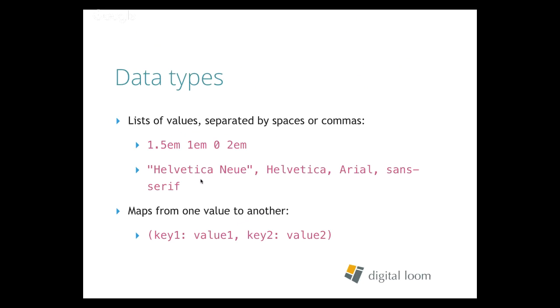You will recognize these as possible values for properties. Like the first one could be a value for the margin property, and the second one is a value for the font family property. And having Sass able to manipulate these lists with or without commas is very important.